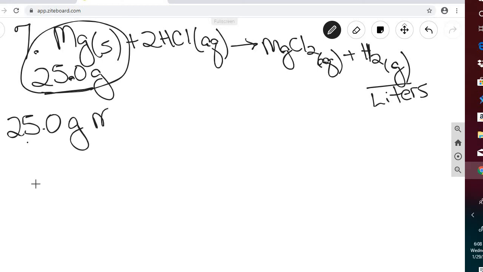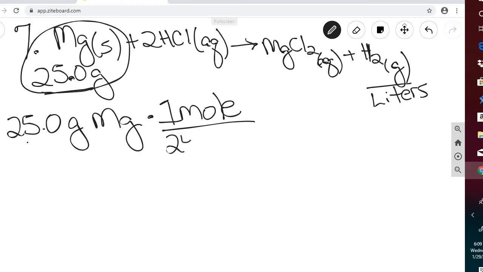We need to get that to moles. So moles is going to go on top, grams will go on the bottom. When you look at your periodic chart, you will see that there are 24.31 grams in a mole of magnesium.